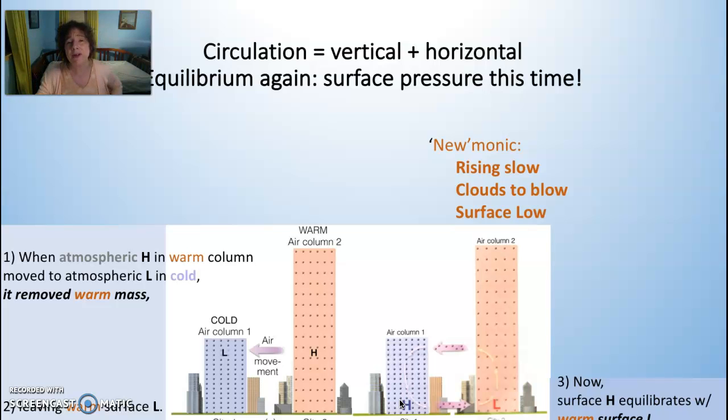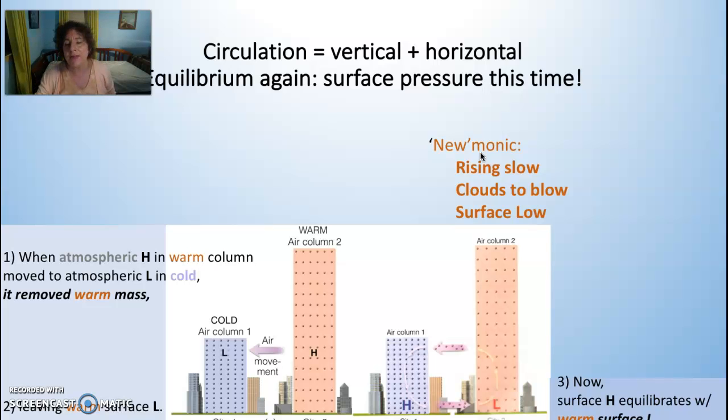And so now we have a new mnemonic that eventually, when things are rising slowly, because remember, gravity's still pulling down on whatever is rising: rising slow makes clouds to blow, lots of condensation, but results in a surface low.